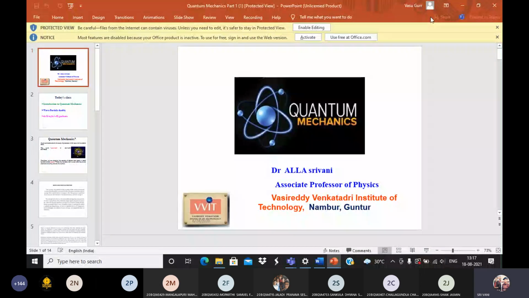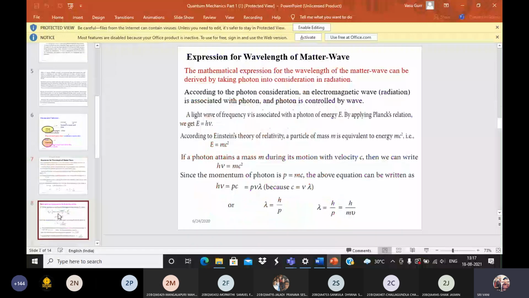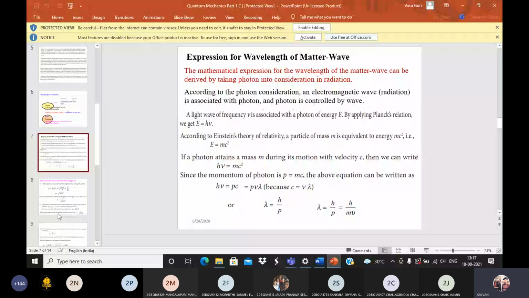Yesterday's class, we learned first about wavelength. Wavelength for matter waves in terms of momentum: lambda is equal to h by p. In terms of mass and velocity, lambda is equal to h by mv.